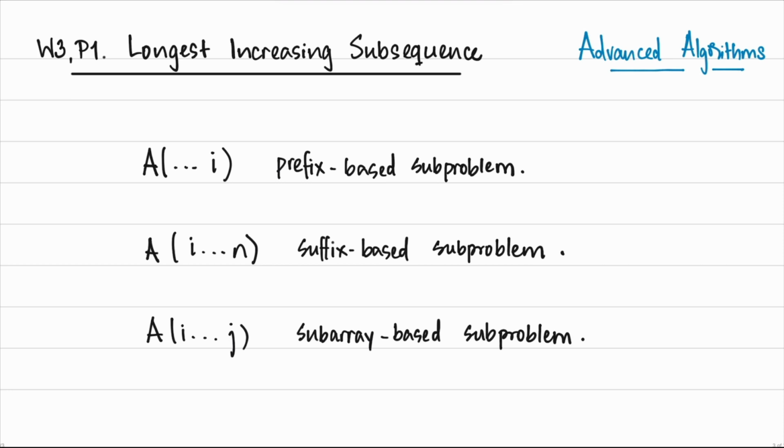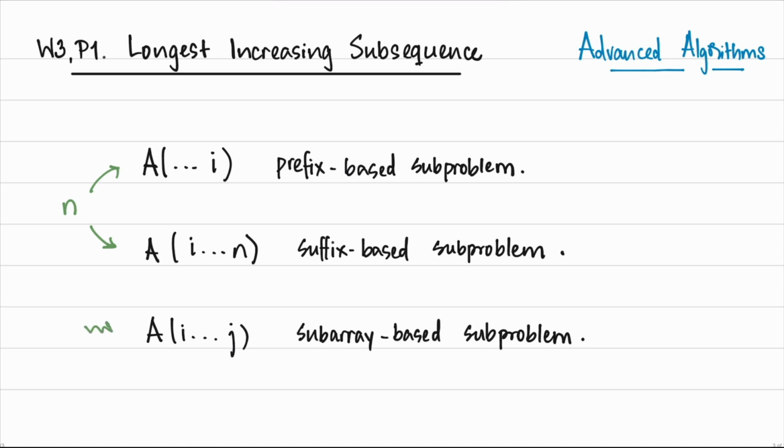Notice that here we only have n subproblems to worry about, because for every I between 1 and n there is one prefix or one suffix associated with that I. You're looking for the first element, the first two elements, the first three elements, and so on up to the first n elements, or you're looking for the last element, the second last and the last element, the third element from the end up to the end, and so on and so forth. So we have only n subproblems in such scenarios.